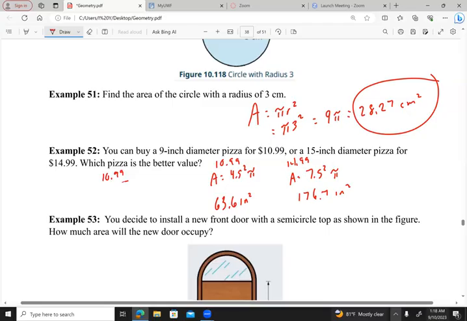So now I have 10.99, and we're just going to round the area up to 64. So how much is a square inch? 10.99 divided by 64. And we're looking at roughly 17 cents per square inch.